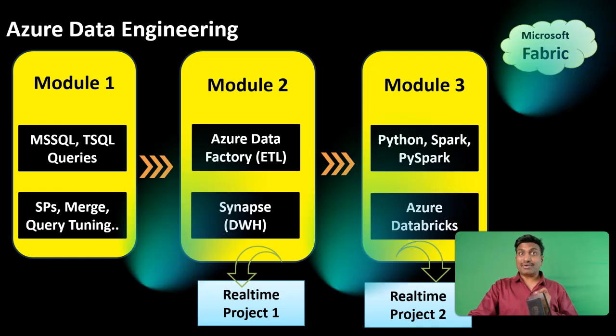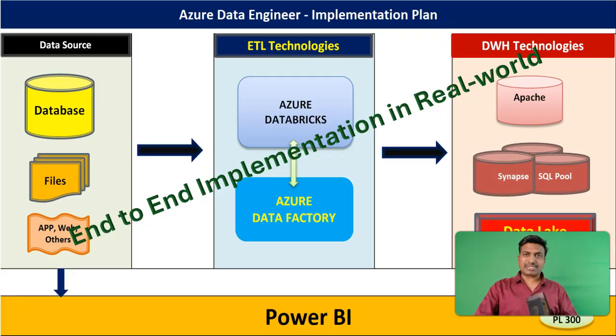And further important concepts. As a data engineer, we are responsible for, I said ETL and warehouse, right? There are 2 types of ETL and 2 types of warehouse. 2 types of ETL, data factory and Databricks. 2 types of warehouse, one is open source Apache Spark and number 2 Synapse SQL pool.